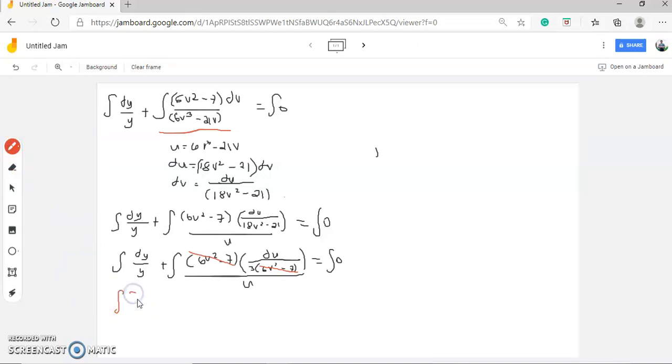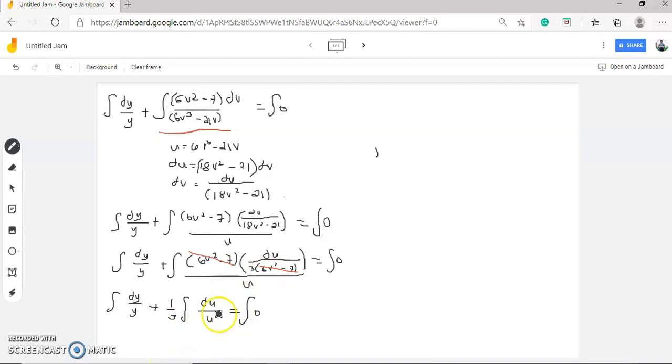So we have dy over y plus, so we could move this 3 outside the integral sign, that is 1/3, integral, what remains here is your du over u, alright? Du over u, which equals the integral of 0.